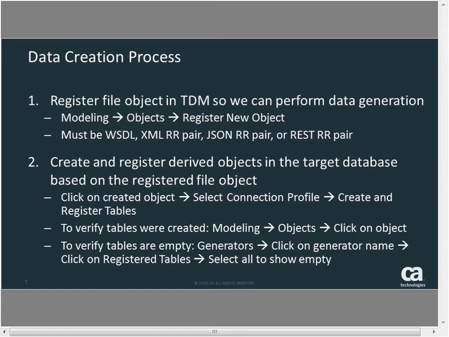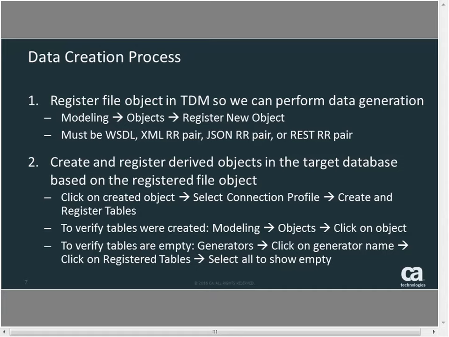So to work with them, we have to convert them to a relational model and store it in the database. So by creating derived objects, we convert the non-relational data into a relational data model by creating tables in the database, and we register them so that they can be used as an object in TDM.